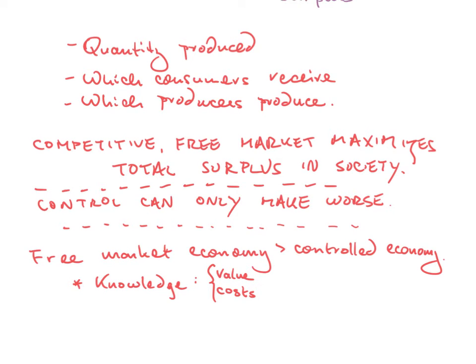It's almost the bare minimum. If anyone knows what a widget is worth to you, it's you, right? And so it's not such a stretch to think consumers know what they want and how much something is worth to them. It's a bigger stretch to think that the government knows that information.